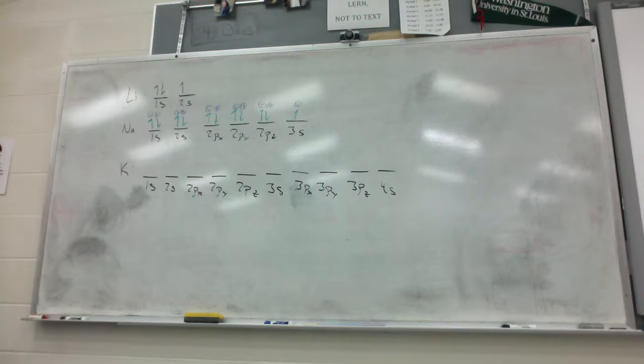Sarah Baker, you're up. Now, we're going to do potassium. How many electrons does potassium have? Emily, how many electrons does potassium have? You can look on your periodic table too. 19.